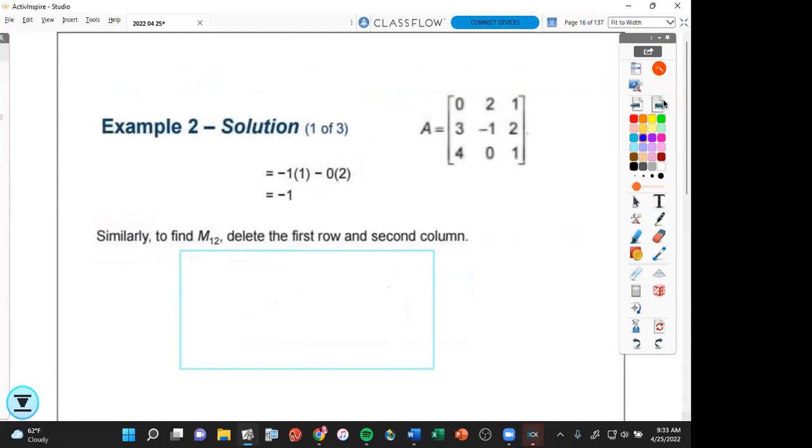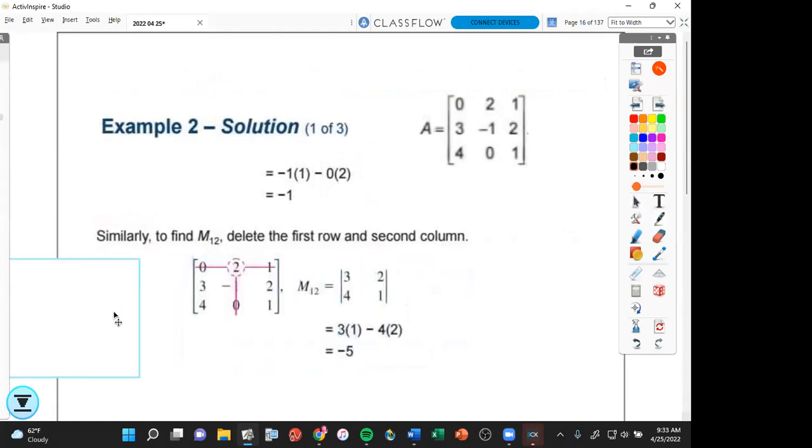With technology, there's no use for this method anymore. But if you don't have the technology, you use the determinant in calculating inverses. There's the one that did second row.